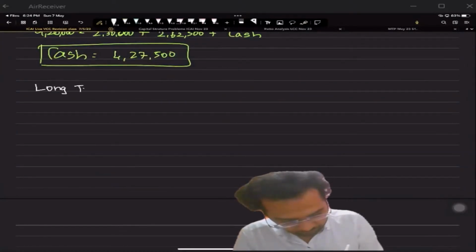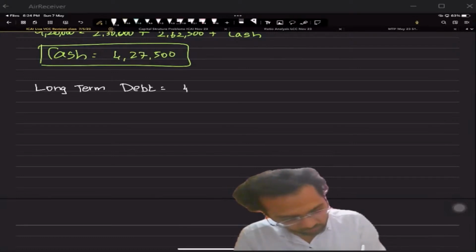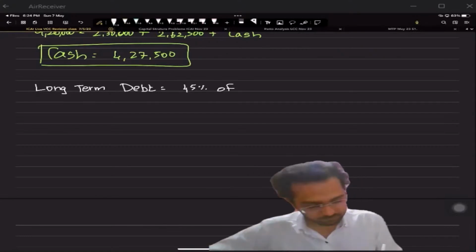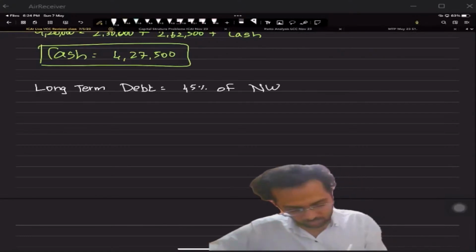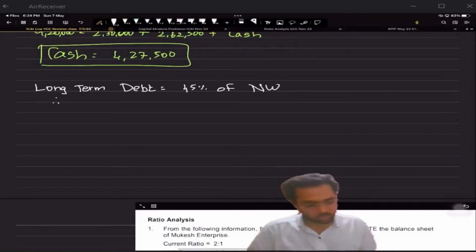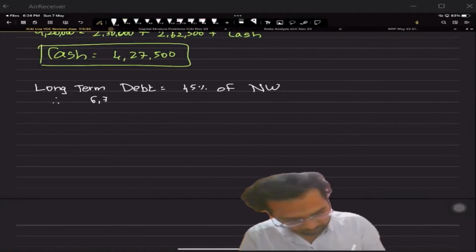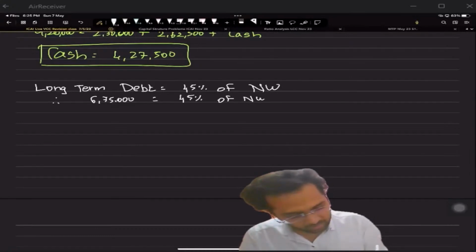Long-term debt is 45% of net worth. So long-term debt is anyways given as 6,75,000. So that 6,75,000 is 45% of net worth.